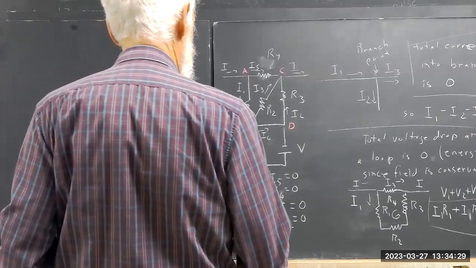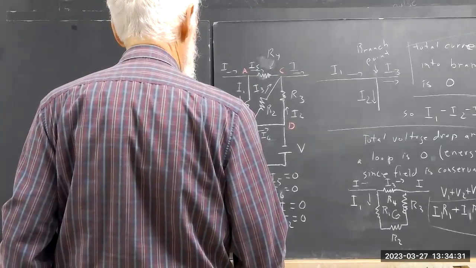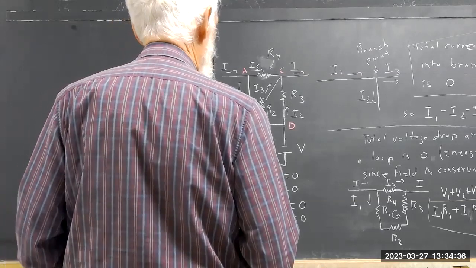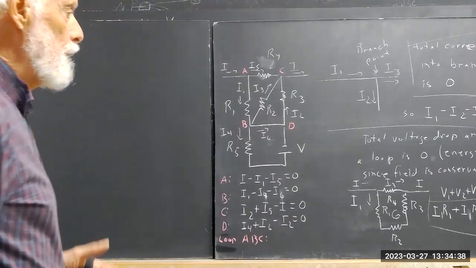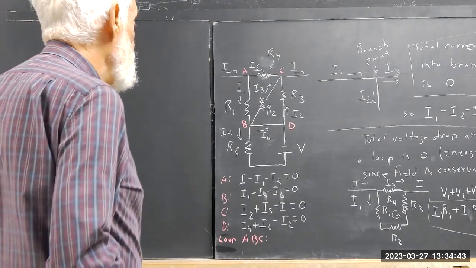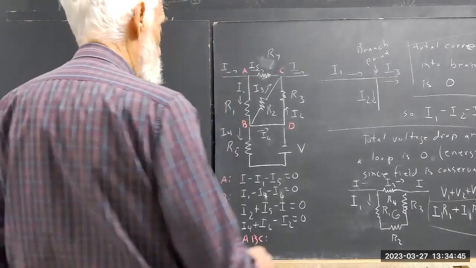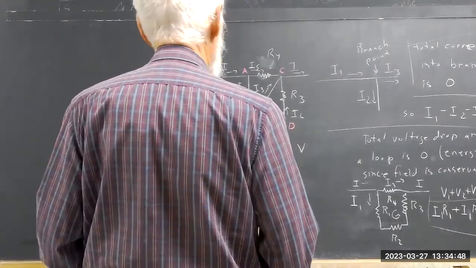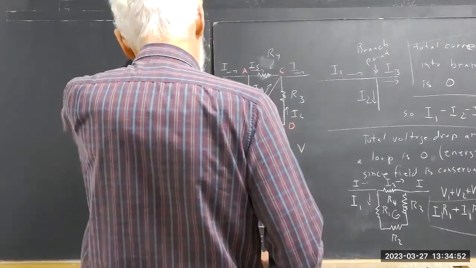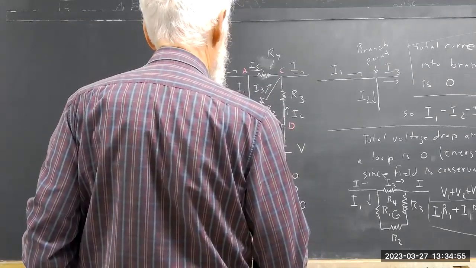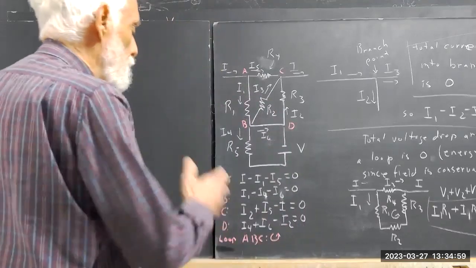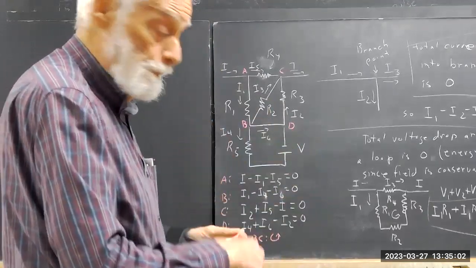On the loop A, B, C, my voltage drops have to add up to 0. So my voltage drop across R1 is I1 R1. Then I'm going to draw a little loopy arrow showing that we're going counterclockwise.